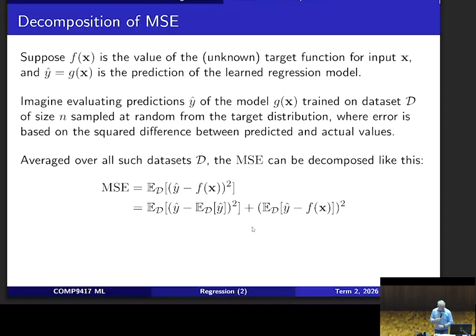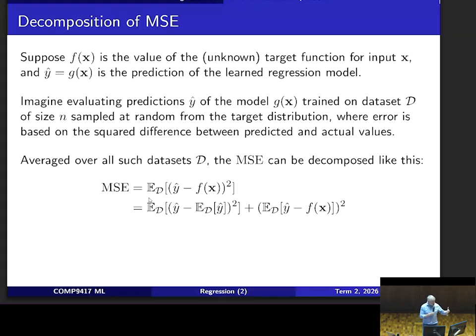Okay. What does this mean? Well, it means that for any setup where you're calculating the mean squared error, you can think of it as breaking down into two terms, and this decomposition can be derived.